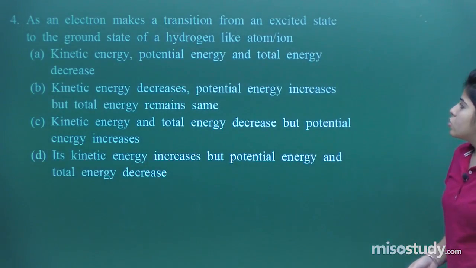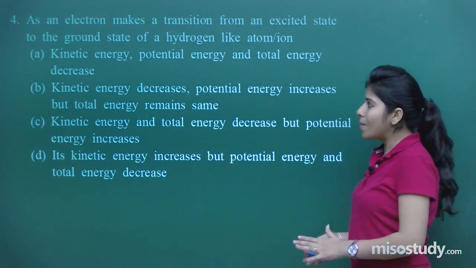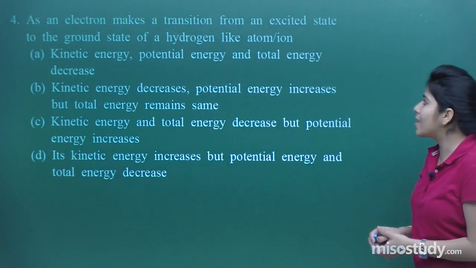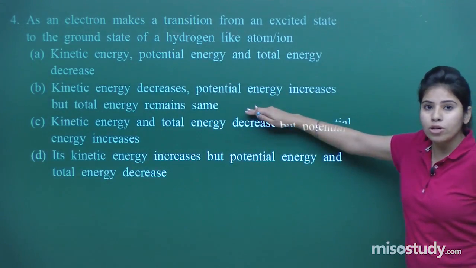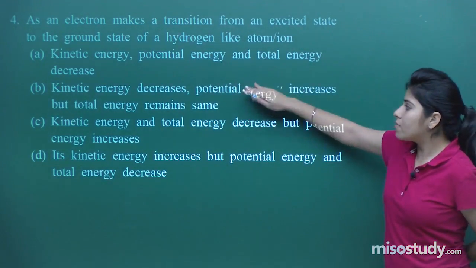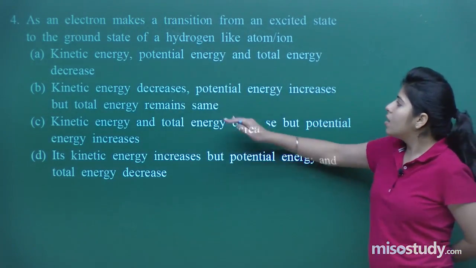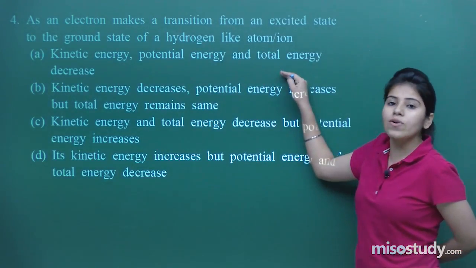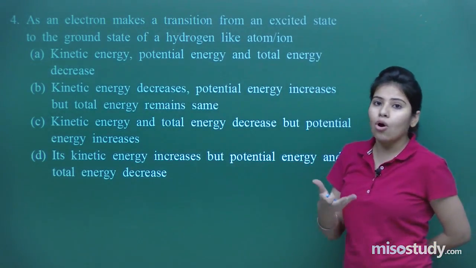Okay. So what I can see here is, as an electron makes a transition from an excited state to the ground state of a hydrogen-like atom or ion, what is the condition that is going to be satisfied? We have been given these energies, and we have to tell whether the kinetic energy, potential energy and total energy will decrease or increase.